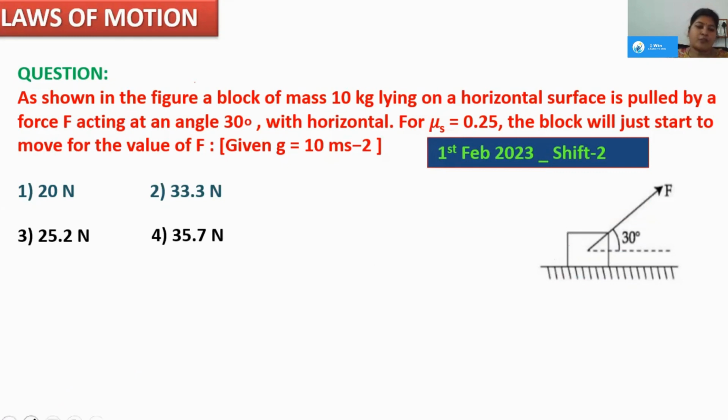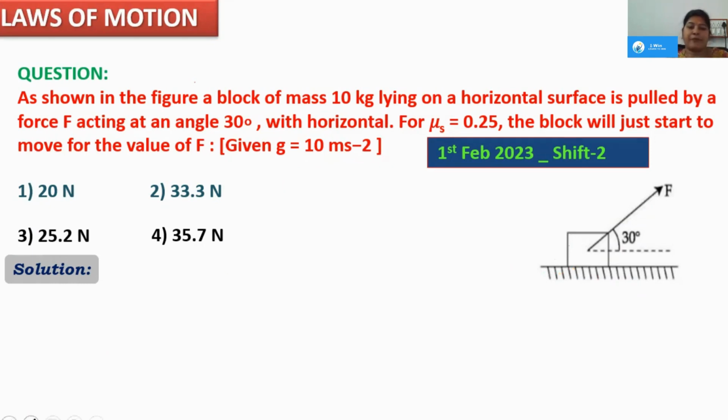Now let's go for the solution. Before going into the problem, what is the data provided? The mass is 10 kg, it is on a horizontal surface, the force F makes an angle of 30 degrees, the coefficient of friction, and g, the acceleration due to gravity.